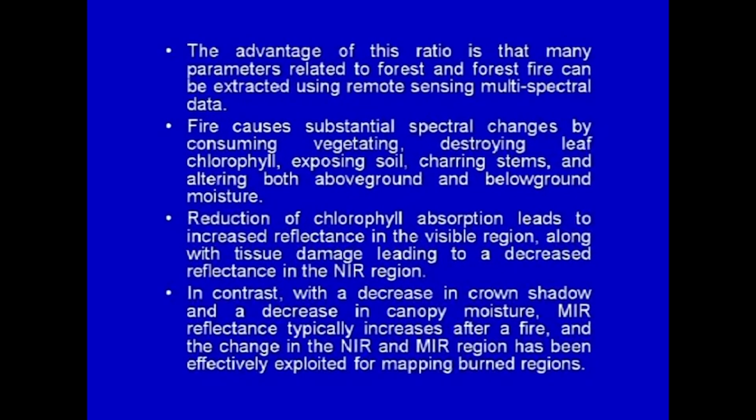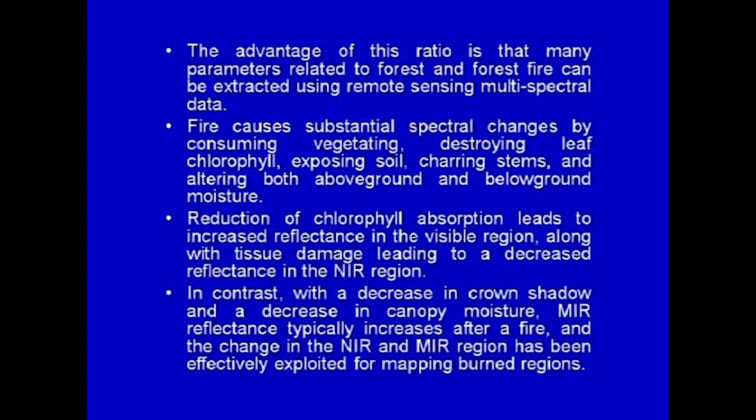The advantage of this ratio is that many parameters related to forest and forest fires can be extracted using remote sensing multispectral data. Fire causes substantial spectral changes by consuming vegetation, destroying leaf chlorophyll, exposing soil, charring stems, and altering both above ground and below ground moisture.